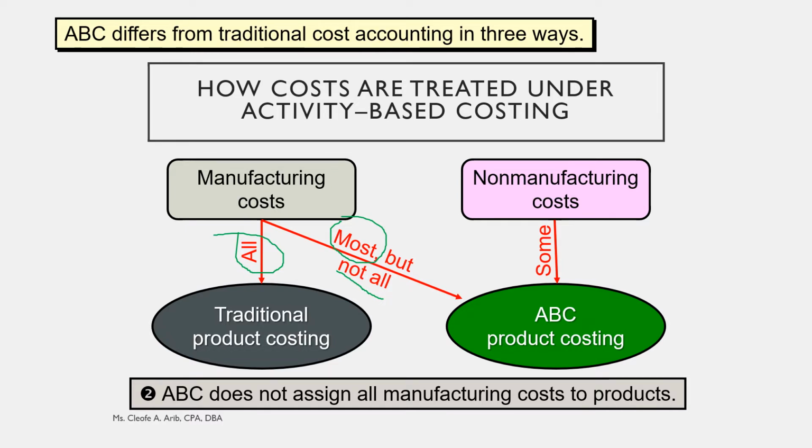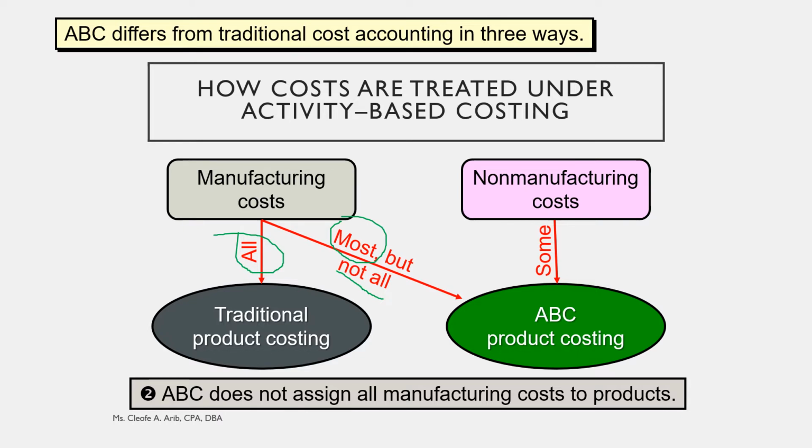Ano ang hindi? Yung manufacturing overhead ninyo. So, yung manufacturing overhead, under ABC costing, hindi lahat ng manufacturing overhead matcha-charge as product cost. Pero, if you are using the traditional product costing, lahat ng manufacturing overhead is part of your product cost.